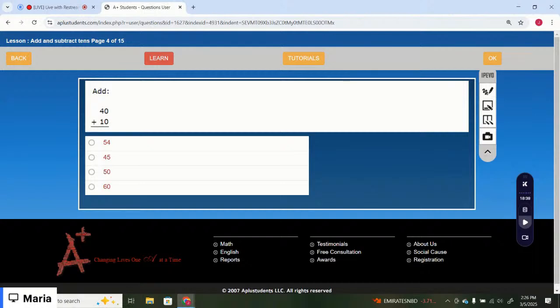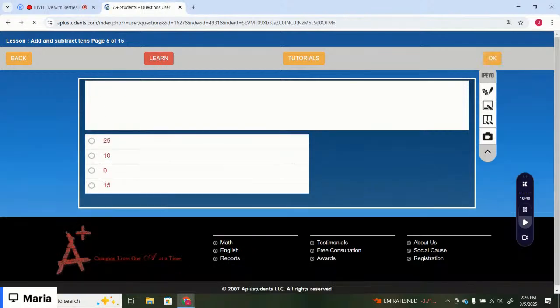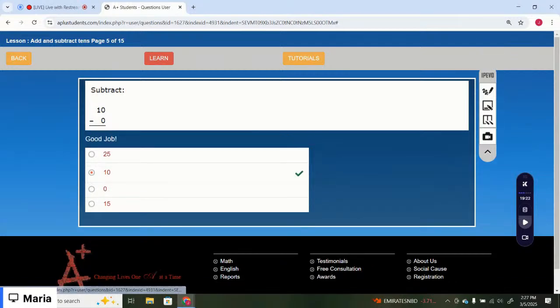Forty plus 10. So 40 plus 10 equals 50. Option number 3 is the correct option. 10 take away 0, which is the correct option? 10 take away 0 is 10.